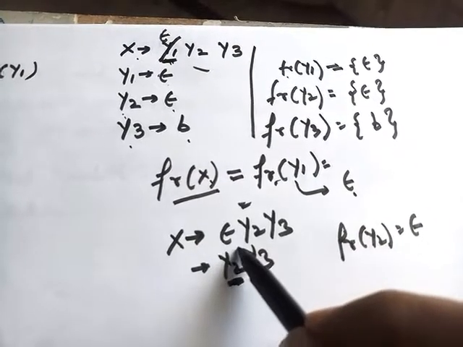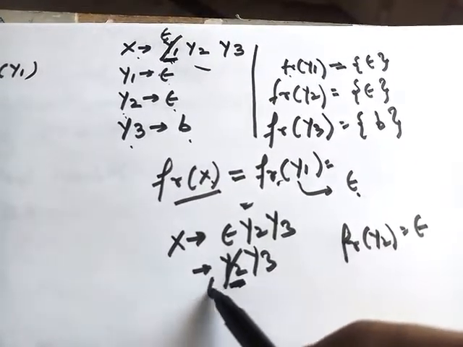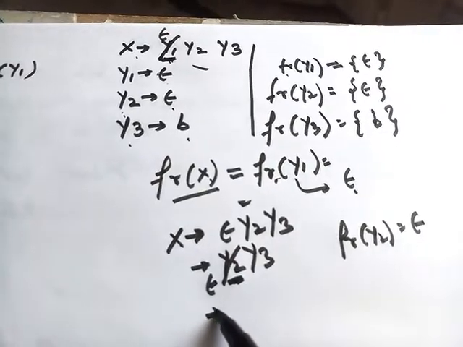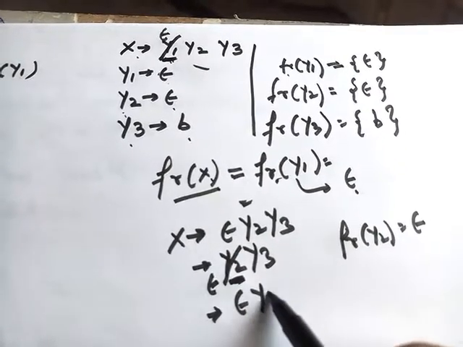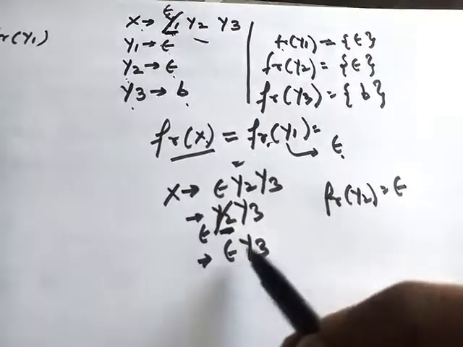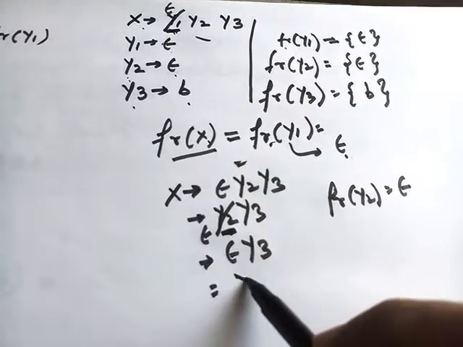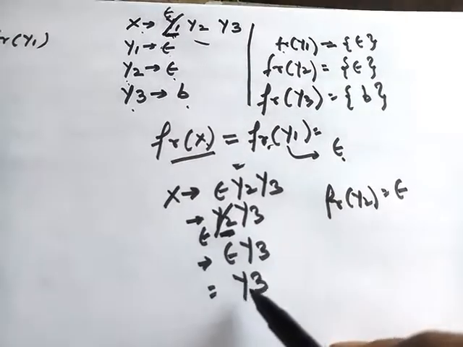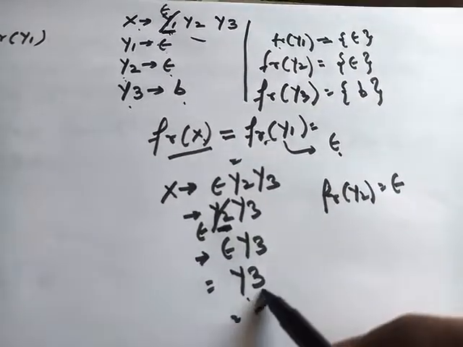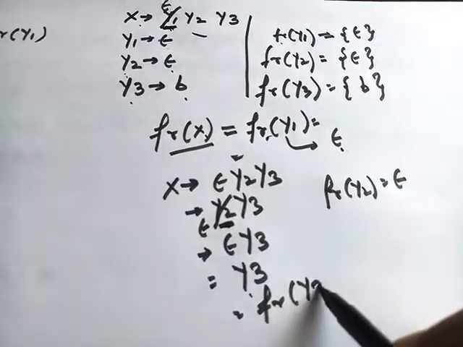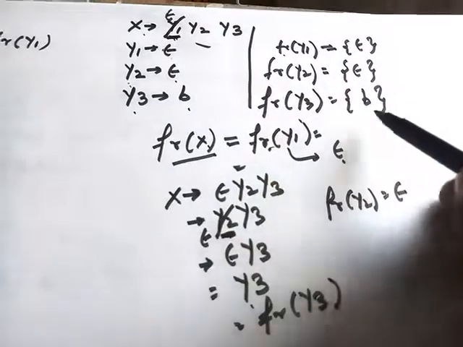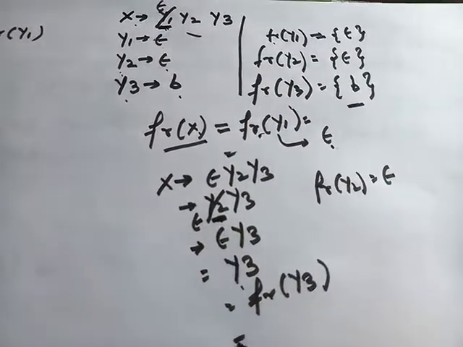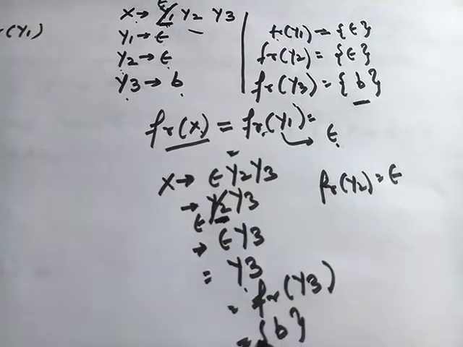So we place epsilon over here, and now we get epsilon Y3. Epsilon Y3 means nothing extra. So in the same hierarchy, what is first of X? First of Y3. And what is first of Y3? B. So your answer is B.